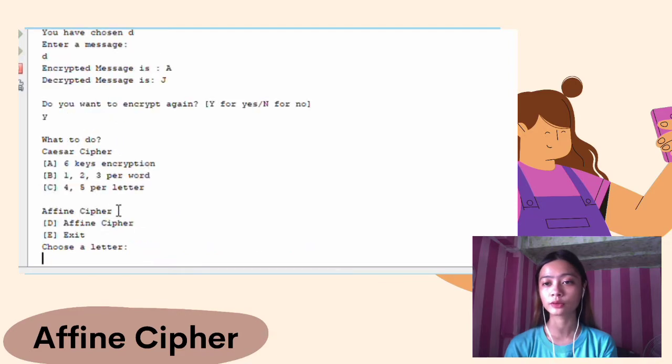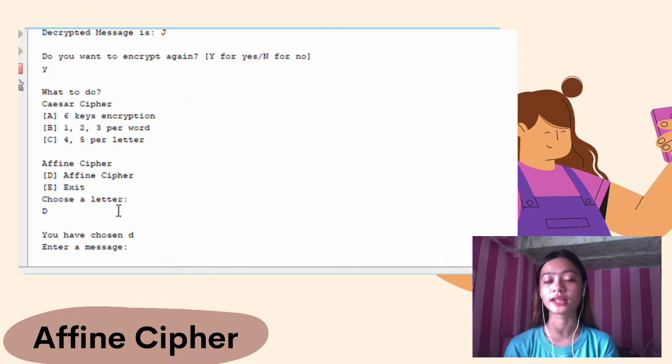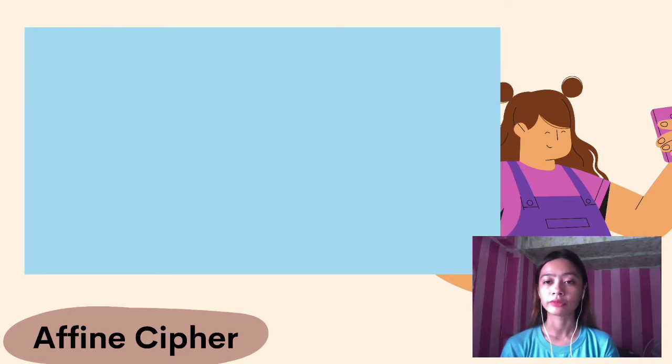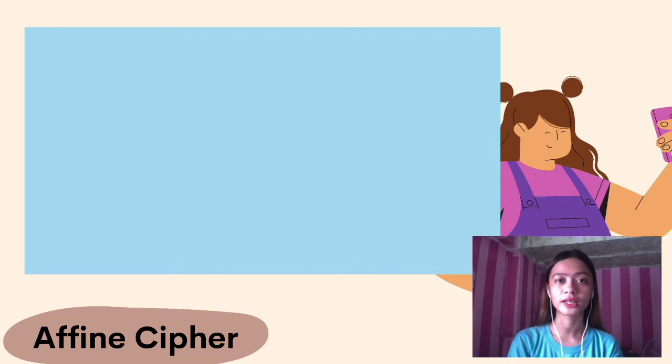So for the input of demo, it has an encrypted value of W, B, P, and Z. To decrypt the text, find the inverse of key A, then the number of the encrypted letter, then the value of B. With that, the formula will be A inverse multiplied by the number of the encrypted letter minus the key value of B.